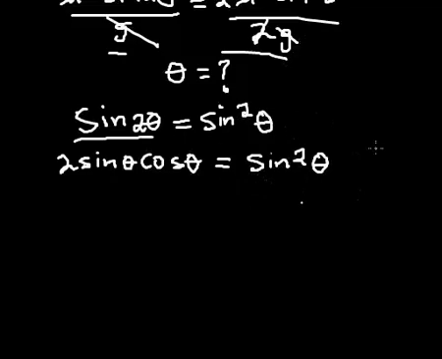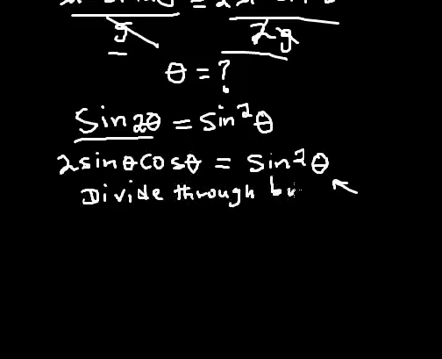I want to have a constant value on one side of the equation. How do I do that? I divide through by sine squared theta.